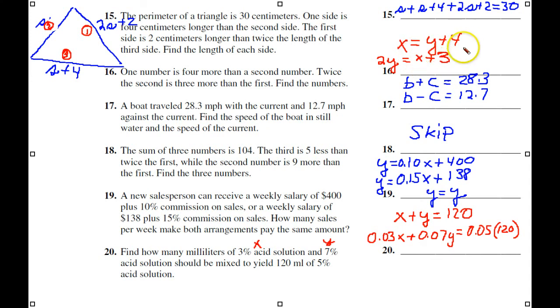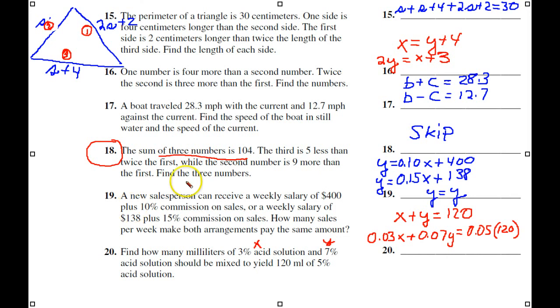So again, substitution would be a good method here. We've done 17 before. In fact, it was done twice. They're just giving us another one to see if we remember. Now, I have to remember, we skipped section 4.4 with 3 variables. And so we're going to just skip that one.